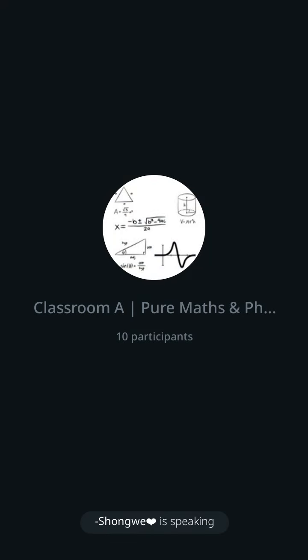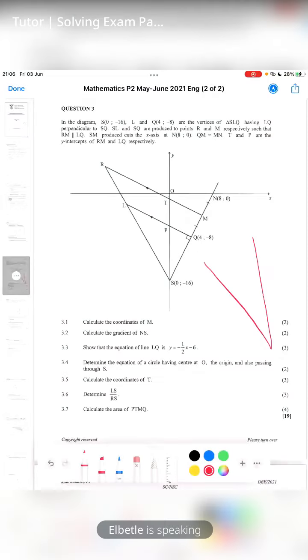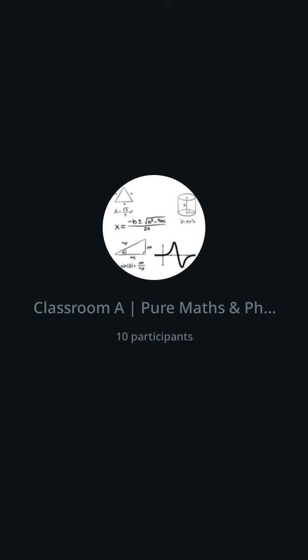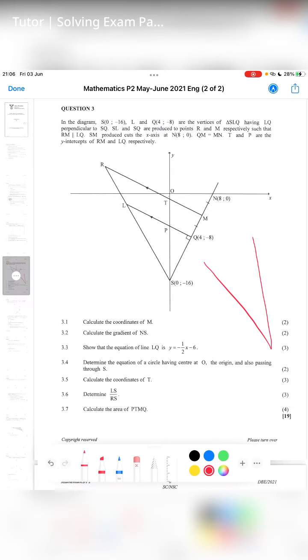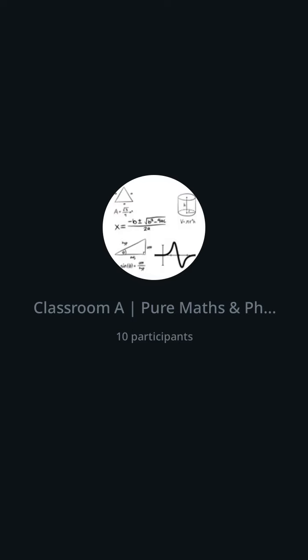No, sir. Okay, let me try to explain it. I'm hoping that I'm going to win in explaining this one. So the proportion theorem, ladies and gentlemen, remember, this is what the question wants you to determine. They just want you to determine that ratio of LS over RS.